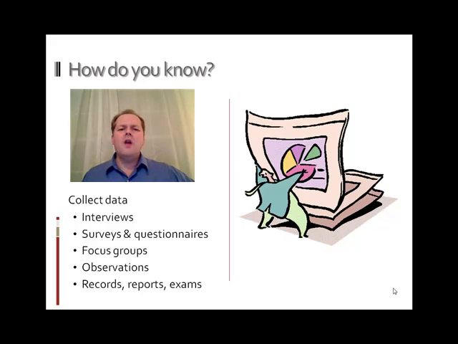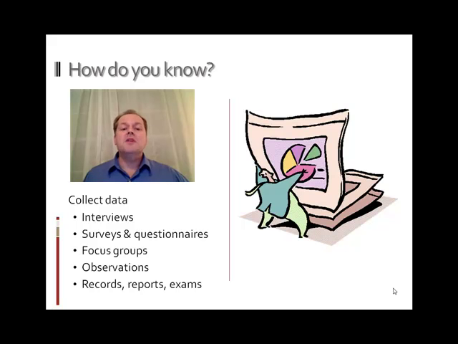Now, how do you know what the learners are supposed to be able to do? And how do you know what they can do? Well, you have to collect data to do that. So the other part of your needs analysis is your data collection. There are a number of ways in which you can gather this data. One is that you can have interviews. You can interview both the workers themselves or maybe their supervisors.